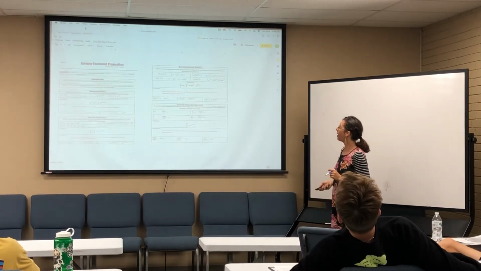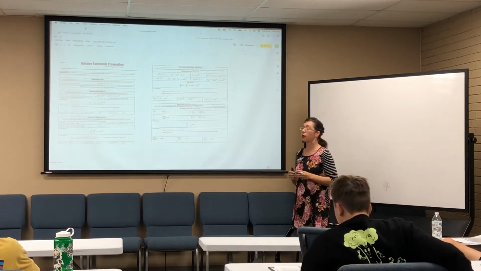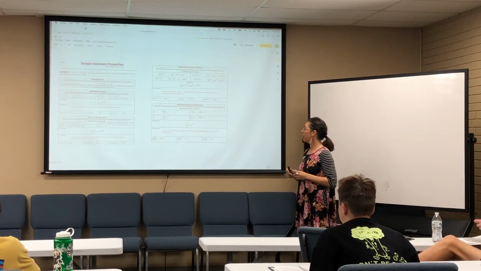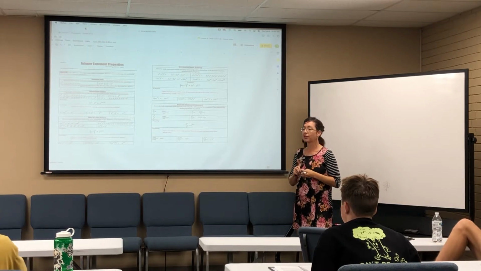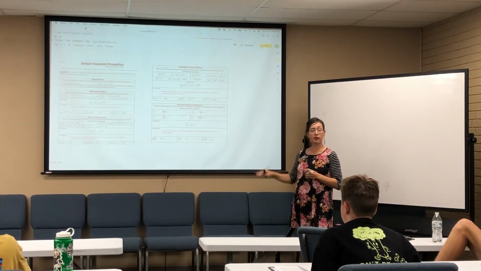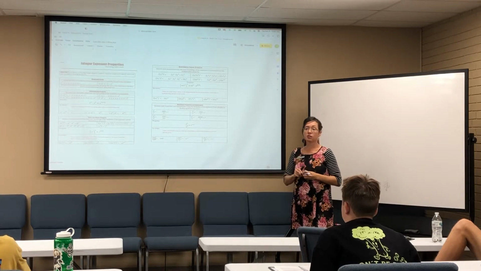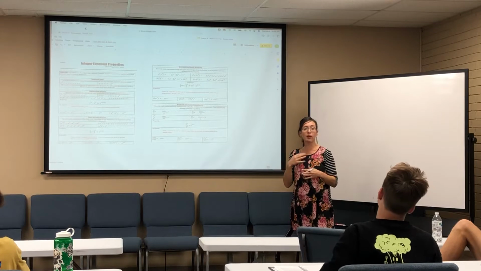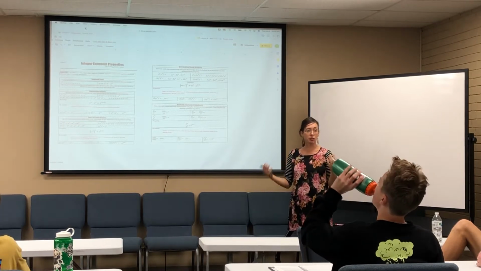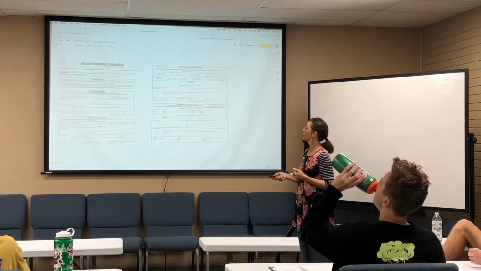I also have this integer exponent properties sheet. It's 4 sheets, and you can print that out and put it in your notebook as well. It is already filled in with the answers. This is not something that I'm asking you to do for homework. It's available to have as a note, to have as extras if you'd like to have it.